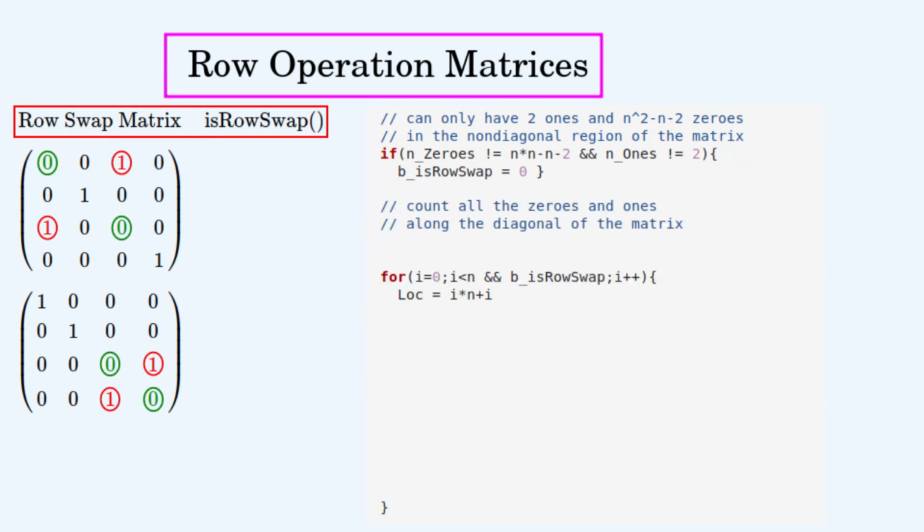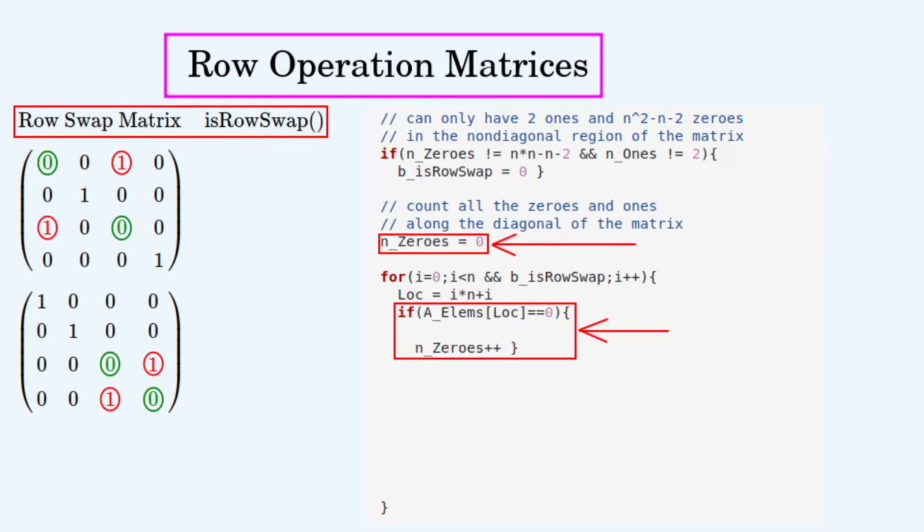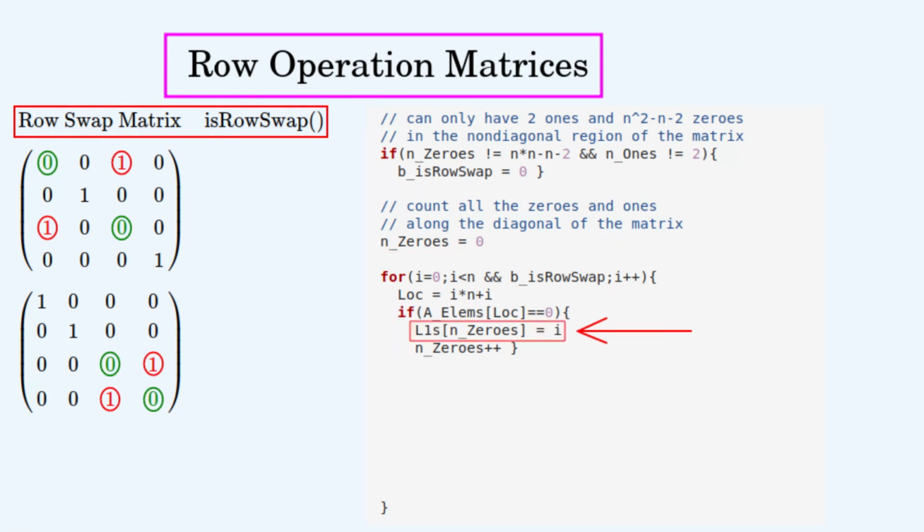So we'll create a loop to count all of the ones in the diagonal region of this matrix. We'll count the number of zeros in this region using these lines of code. We'll remember the rows and columns where these zeros are located by placing them into this array. It's short for list of ones and can be thought of as storing where the ones go as well.